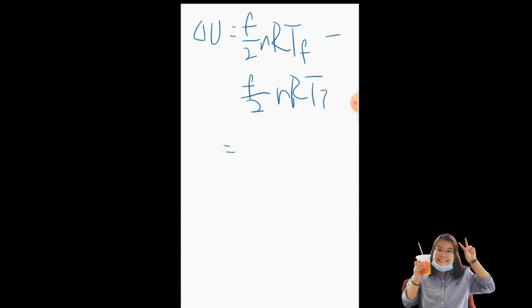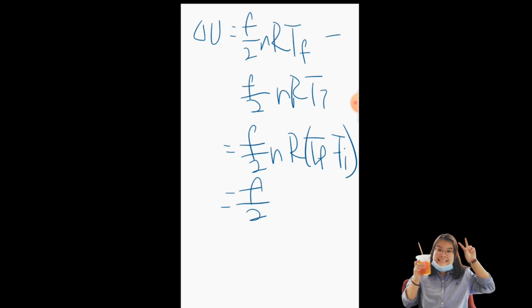So we can get the equation. We can factorize out F over 2 nR, and then T final minus T initial.